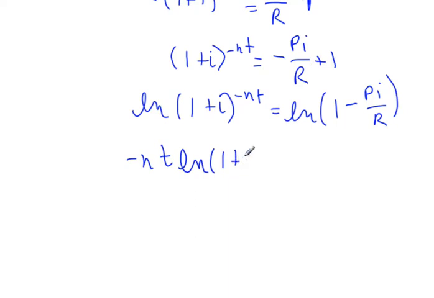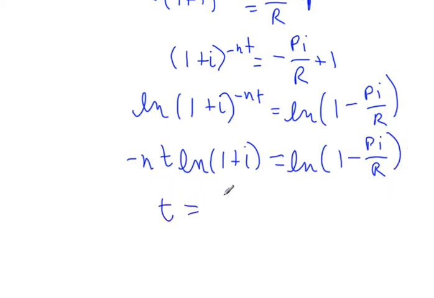That's one of the logarithm properties. And now, to get T alone, I'm going to divide by minus n ln of 1 plus I.